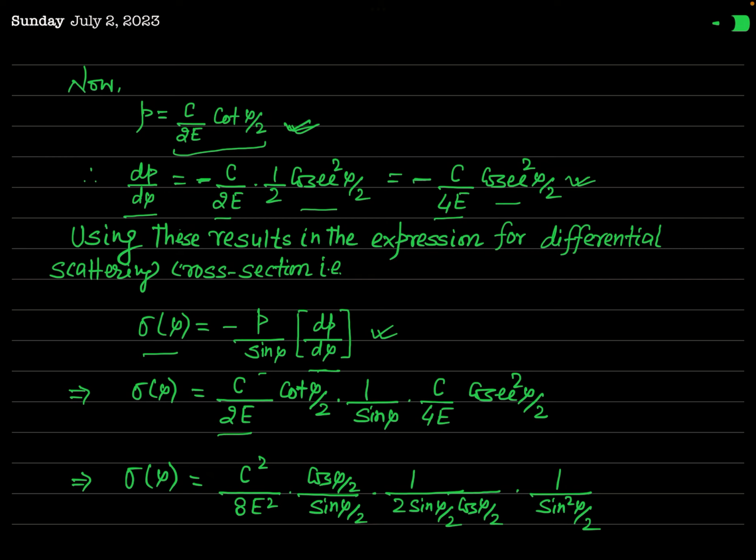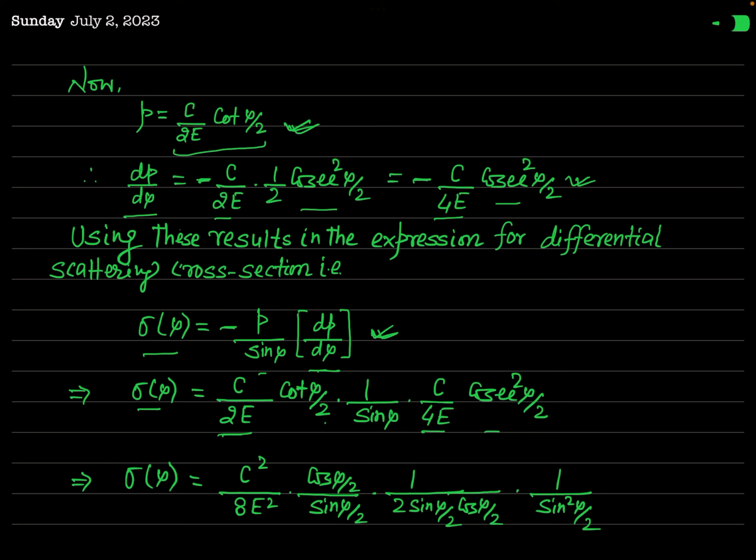Since here is also minus sign, and in this expression already this minus is present previously, so this minus will become plus, and so sigma phi will be equal to C over 2E times cot phi by 2 times 1 over sine phi times C over 4E cosec square phi by 2. Okay. We have substituted the value of P and dP by d phi in this expression.